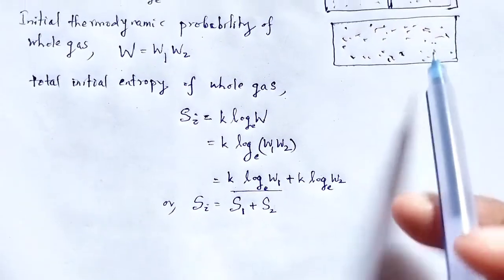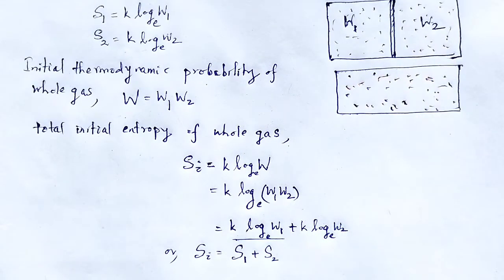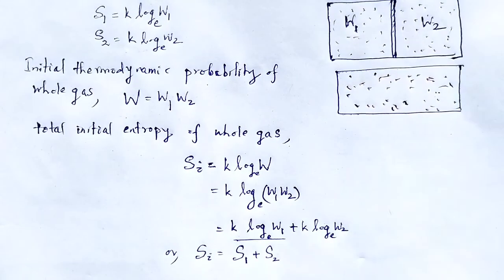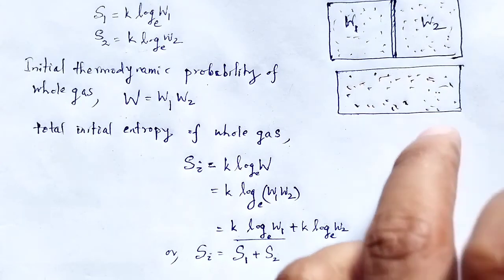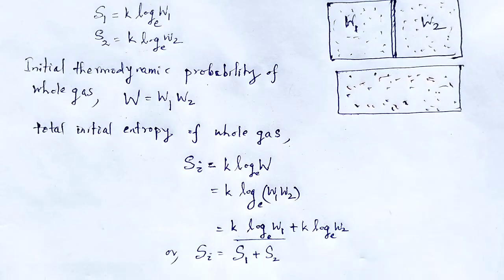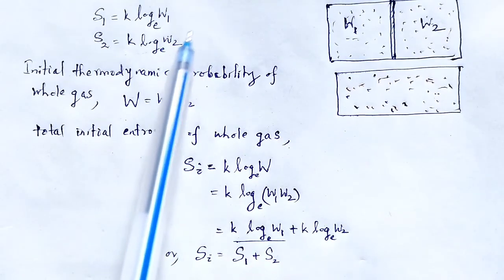Now when we remove the partition, the gases diffuse into each other and both gases occupy the whole volume of the vessel. Since the volume of both gases increases, their thermodynamic probabilities also increase. Let W1 be transformed to W1 dash and W2 to W2 dash.